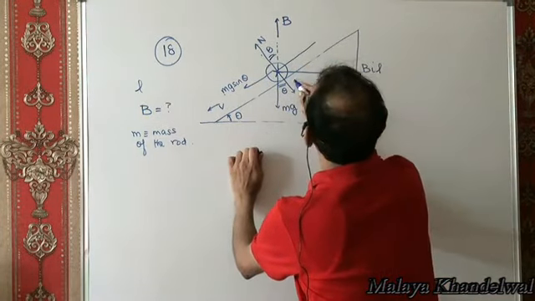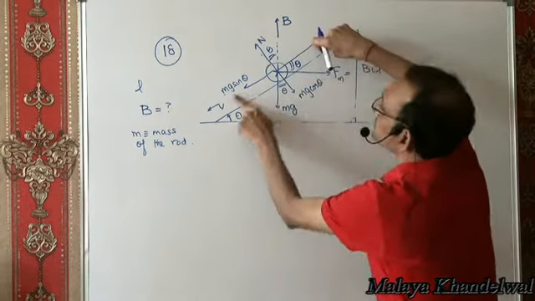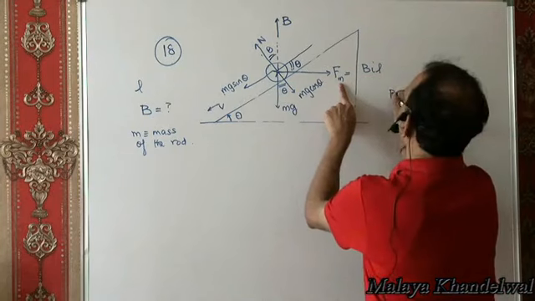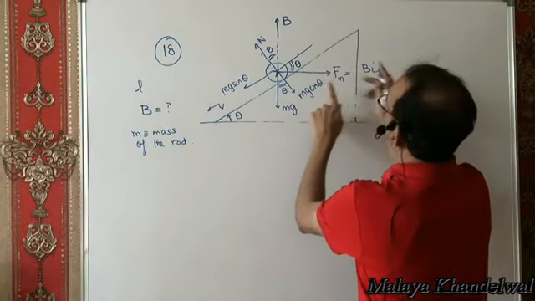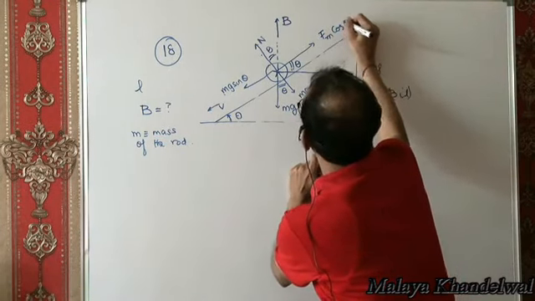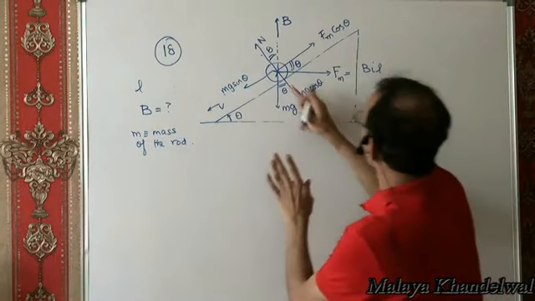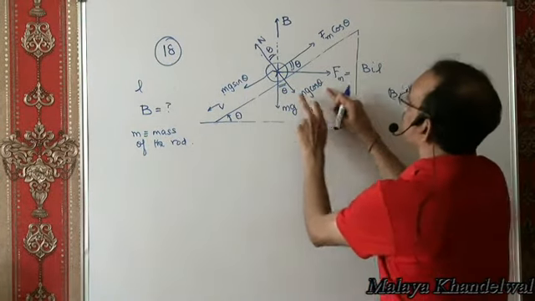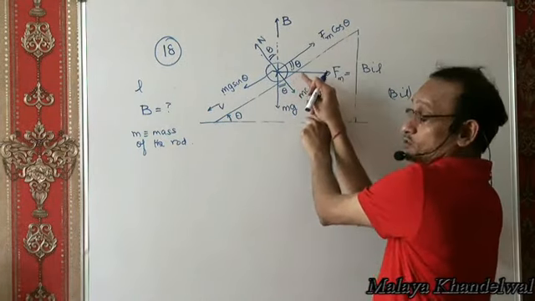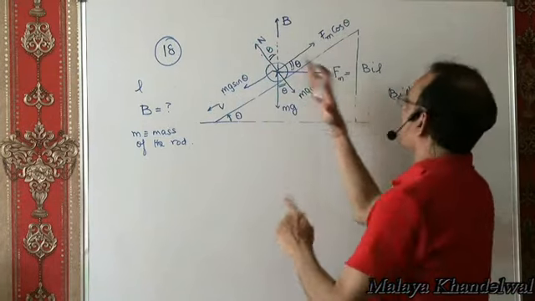Fm cos theta must balance mg sin theta, where Fm is the magnetic force BIL. And by the way, the normal reaction does not just balance mg cos theta. To fix that mistake I made, N must balance mg cos theta plus Fm sin theta.